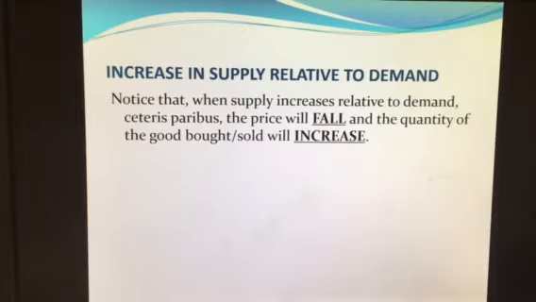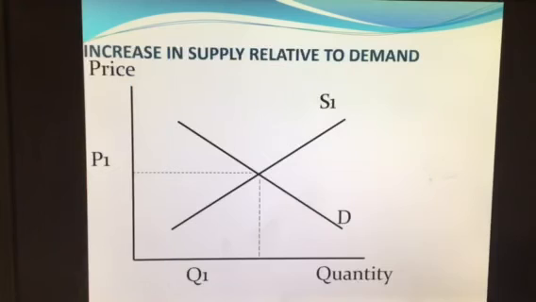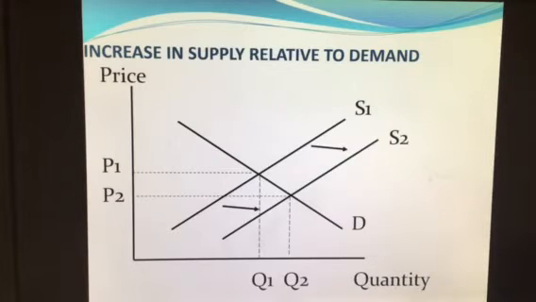Notice that when supply increases relative to demand, ceteris paribus, the price will fall and the quantity of the good bought and sold will increase. And we see, starting from our beginning point here, a rightward increase in the supply curve, or an increase in supply, would be depicted by this shift. Notice S1 was the supply curve. That is a statement of the relationships between various prices and the quantity of the good that suppliers would be willing to supply at those prices.